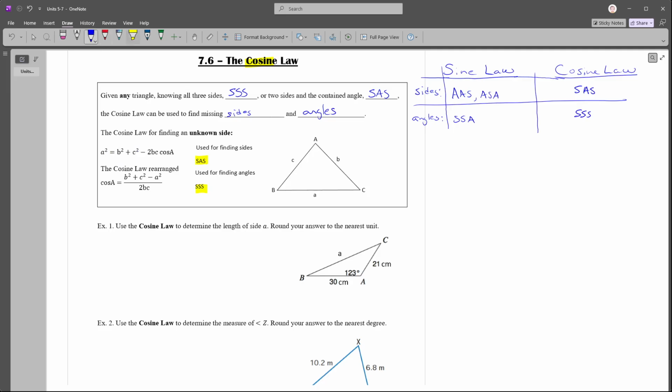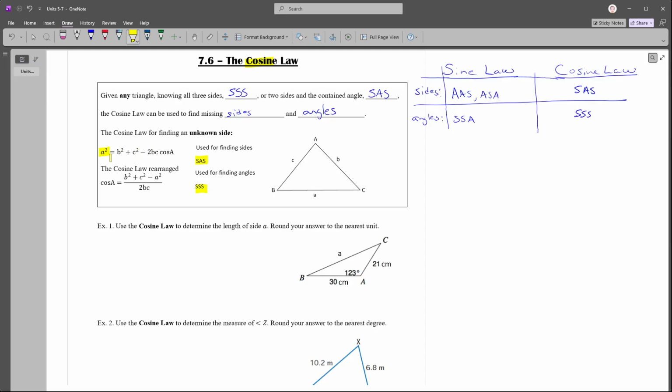Now I'm going to highlight this here. Imagine we're looking for some side length a. So a squared is going to be equal to b squared plus c squared. What is b squared and c squared? Well, b and c are your other two side lengths.